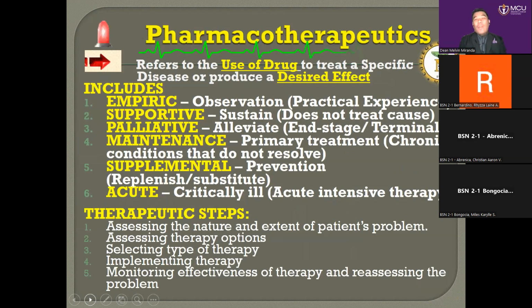Okay? We have defined pharmacotherapeutics as the use of drugs in meeting the treatment, and the side effects. Now, we have defined in the previous discussion, if you have watched the video presentation, what the onset of action and the duration of action are.